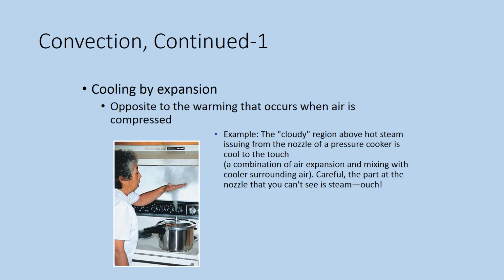Now, convective warming of the surrounding air can also be seen from the example of a pressure cooker on top of the stove that is being heated by the flame. In a pressure cooker, the lid is firmly attached to the pot so that the only escaping steam can occur through a small orifice on the top of the lid.